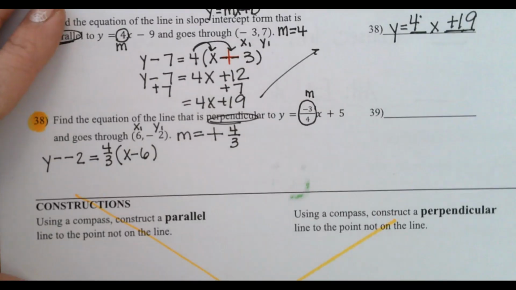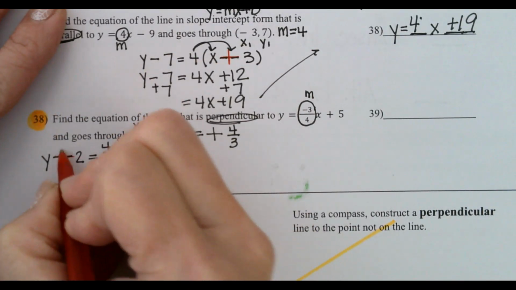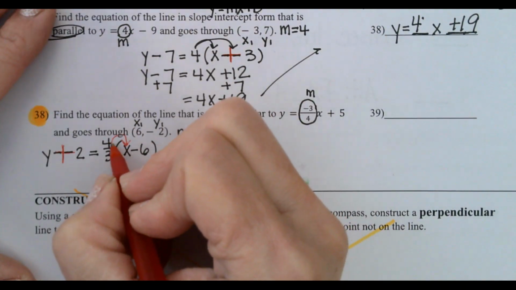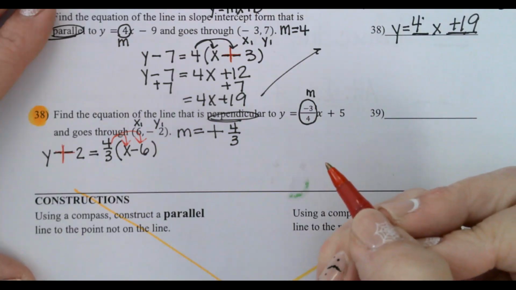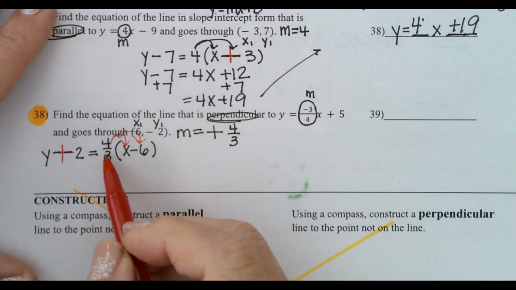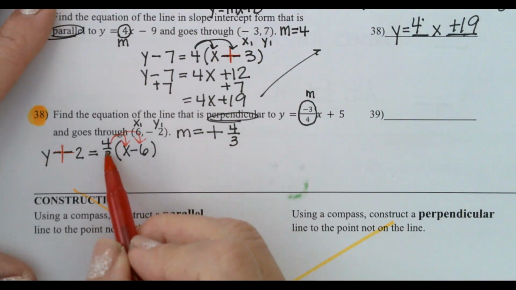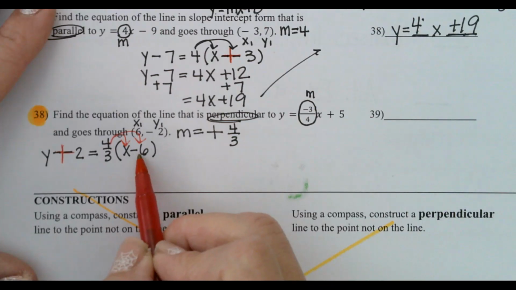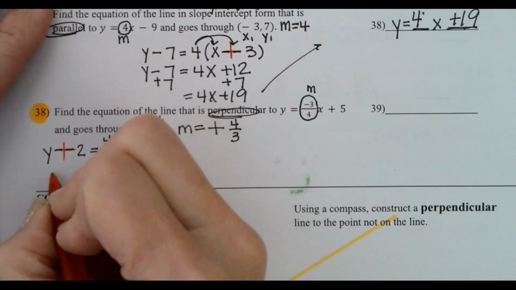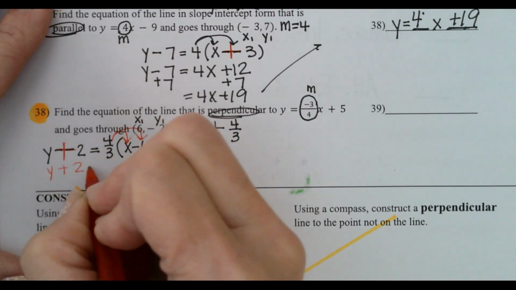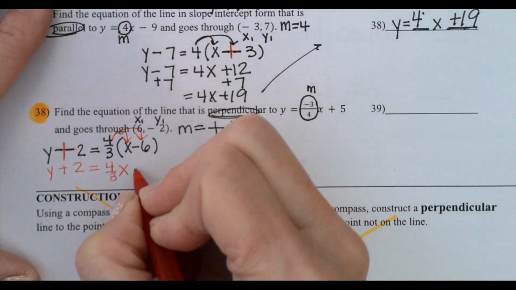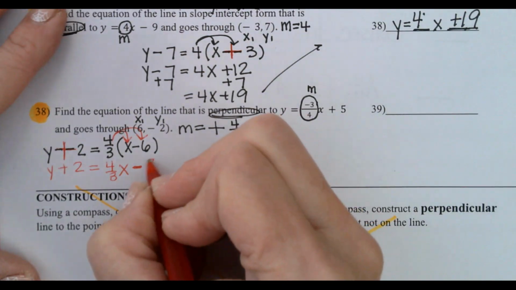Okay, if I'm going to subtract a -2, that means I'm really going to be adding. I'm going to distribute. In your calculator, you are going to type 4 divided by 3, and you're going to arrow over, and then you're going to do times -6. Okay? So this is y plus 2 equals 4/3 x minus what? 8.